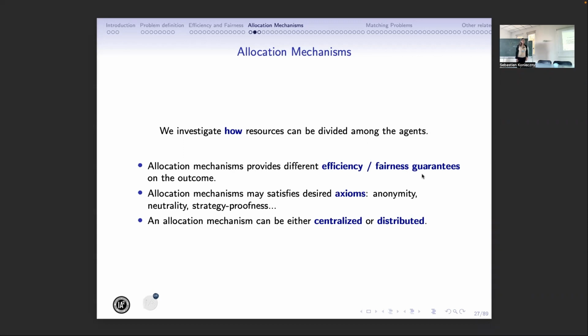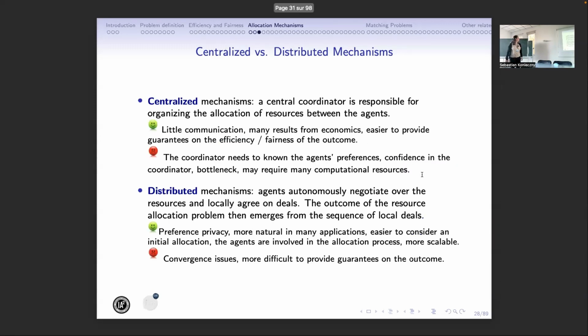And we will also consider how the mechanisms can be applied. We will see that many mechanisms are centralized, but we may want to use a distributed mechanism. So what are the cons and the pros of centralized and distributed mechanisms?